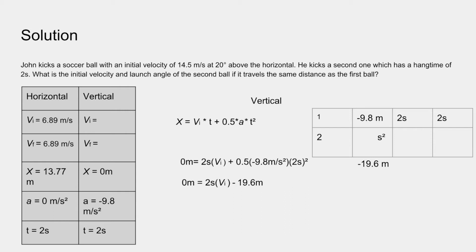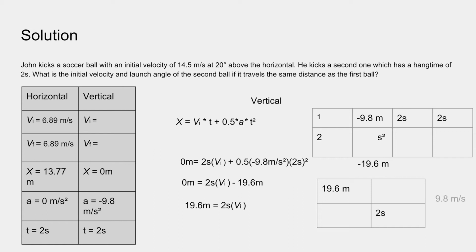We're going to add the 19.6 meters to the other side of the equation. So 19.6 meters equals 2 seconds times the initial velocity. Now to solve for initial velocity, we divide by 2 seconds. So 19.6 meters divided by 2 seconds is equal to 9.8 meters per second, which will be our initial velocity for the vertical component.